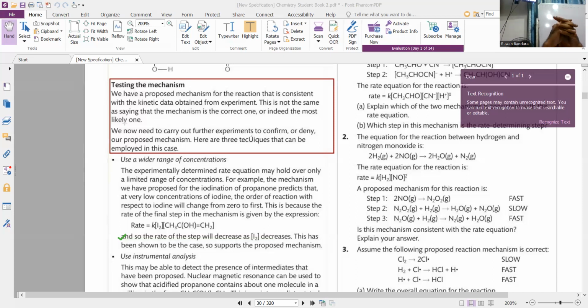The proposed mechanism may be correct or not correct. Therefore, we have to do further testing to check whether our proposed mechanism is correct.